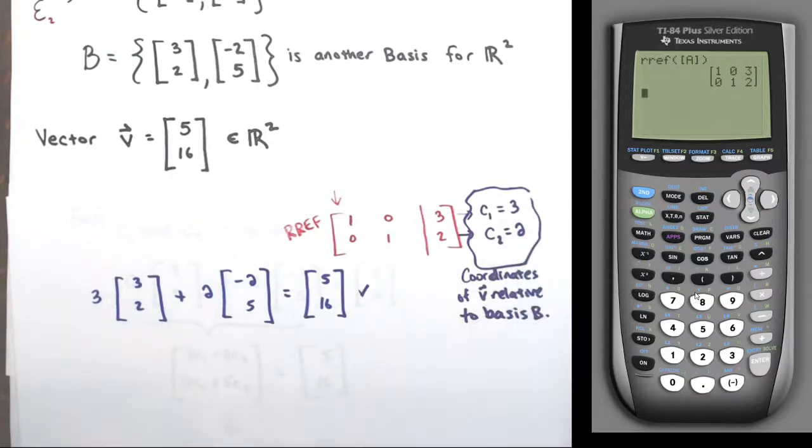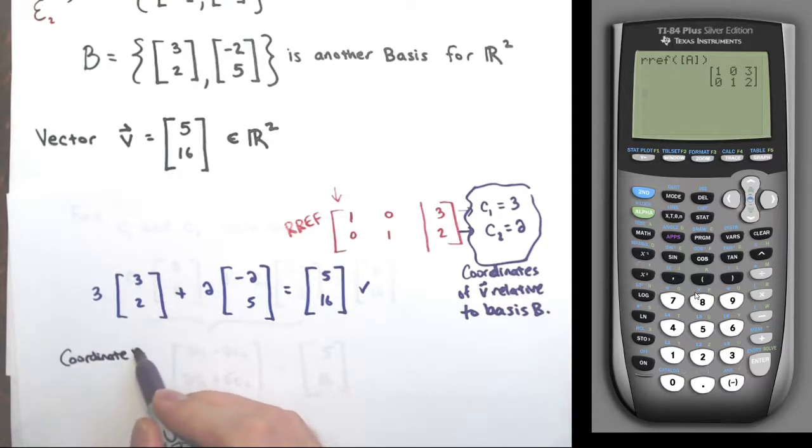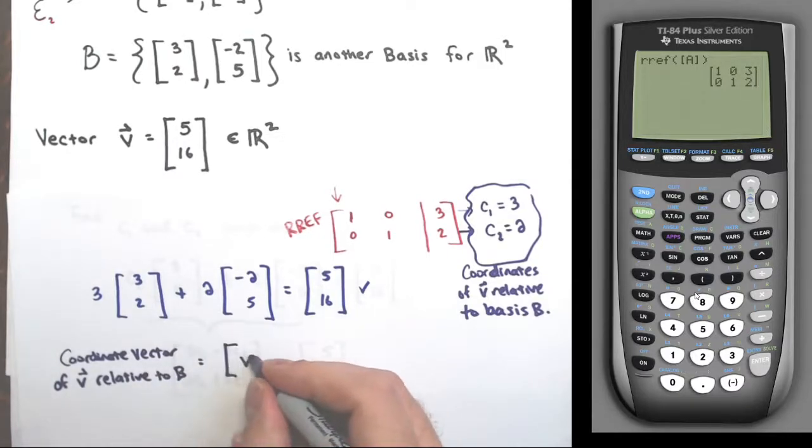So 3, 2 are the coordinates, and then we would say that the coordinate vector of V relative to basis B, with the brackets, and then I put V in here.